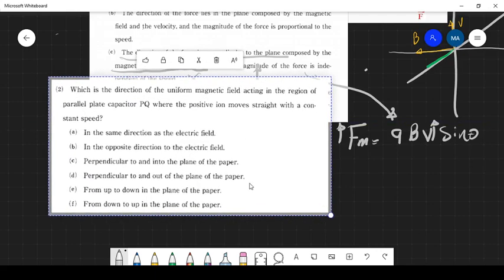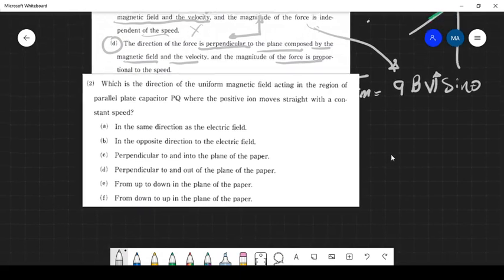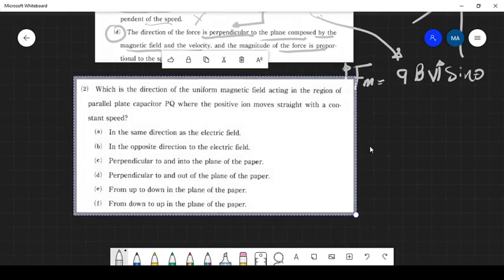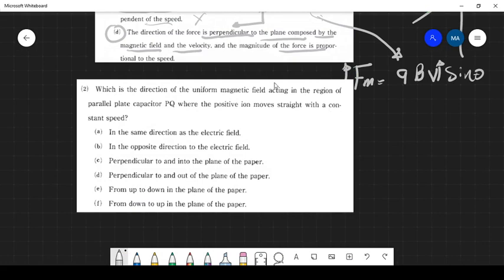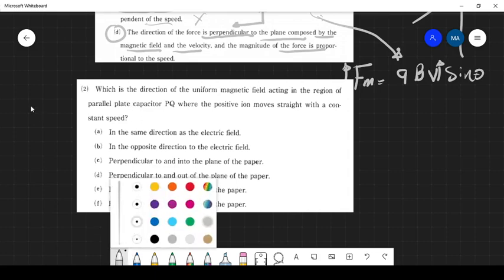Over here, the second question, okay? Which is the direction of the uniform magnetic field acting in the region of the parallel plate capacitor, where the positive ion moves straight with constant speed? So what is he asking you now?